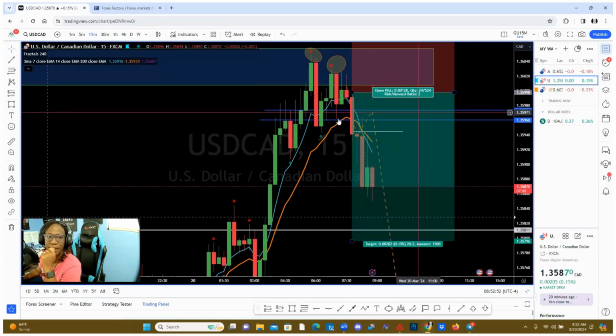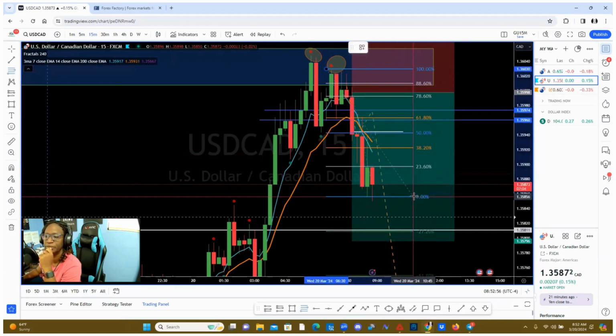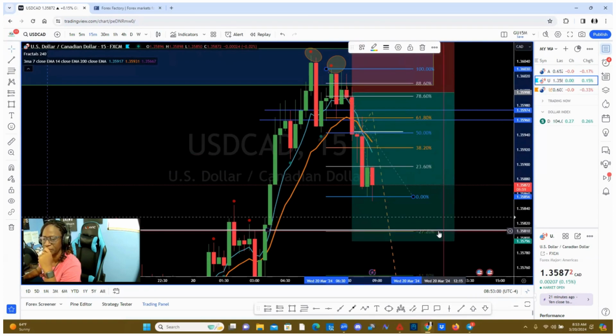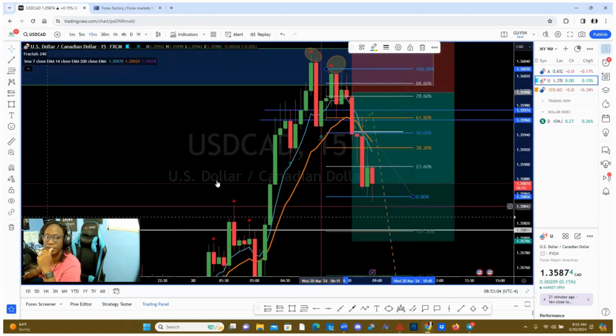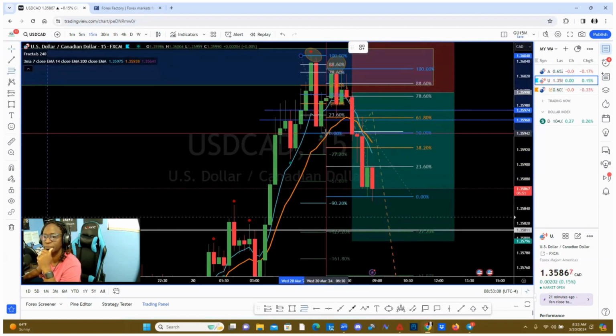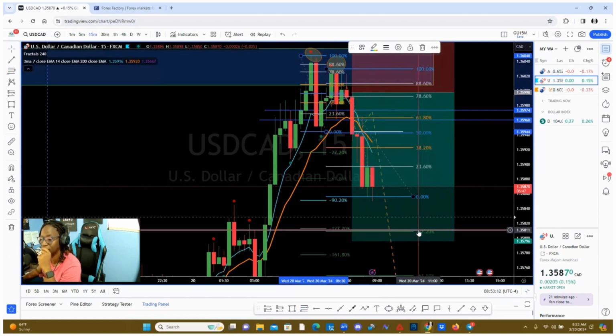We could say that CAD also did some type of a retracement. There was like a 50%, and you see now that 50% gives us a target right here at this H1 demand. I'm believing that I'm gonna pull the trigger right here.